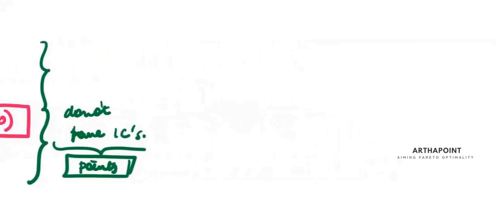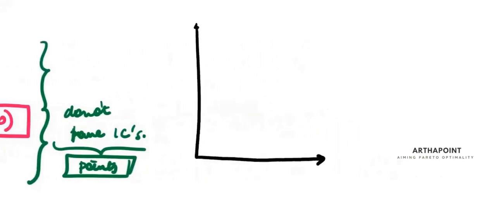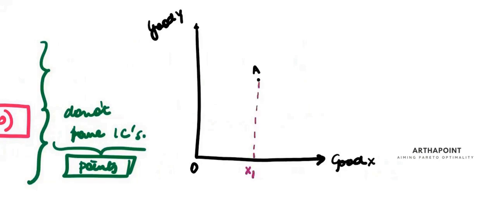So take an example. Let's say that this is a point that I have. This point is point A. This is good X. This is good Y. Now point A has this many units of good X and this many units of good Y.